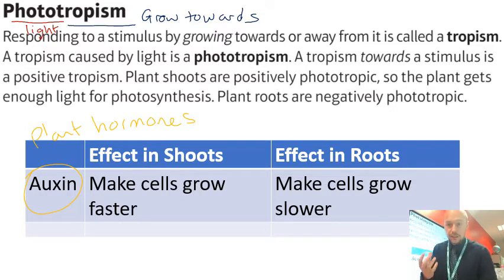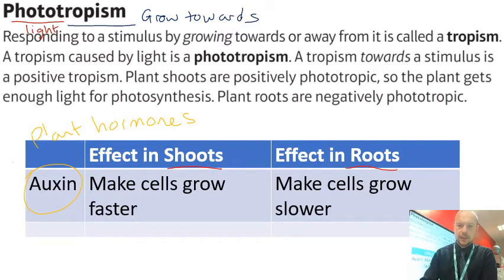And this is a bit weird, but they speed up the growth of a plant in a shoot. So they make shoots grow faster, but if auxins act in a root, they make it go slower. We're going to see this throughout the lesson: auxins make the shoots grow more and the roots grow less. And this affects which direction the plant moves in.